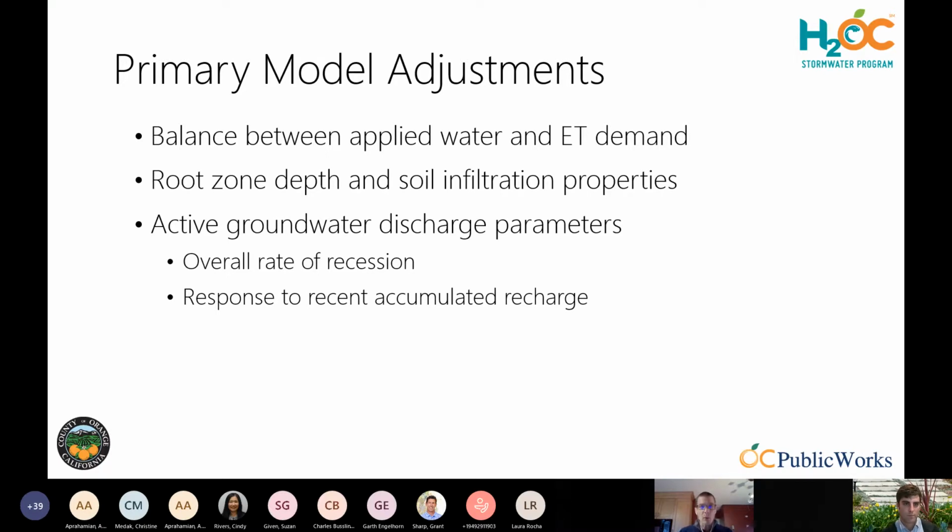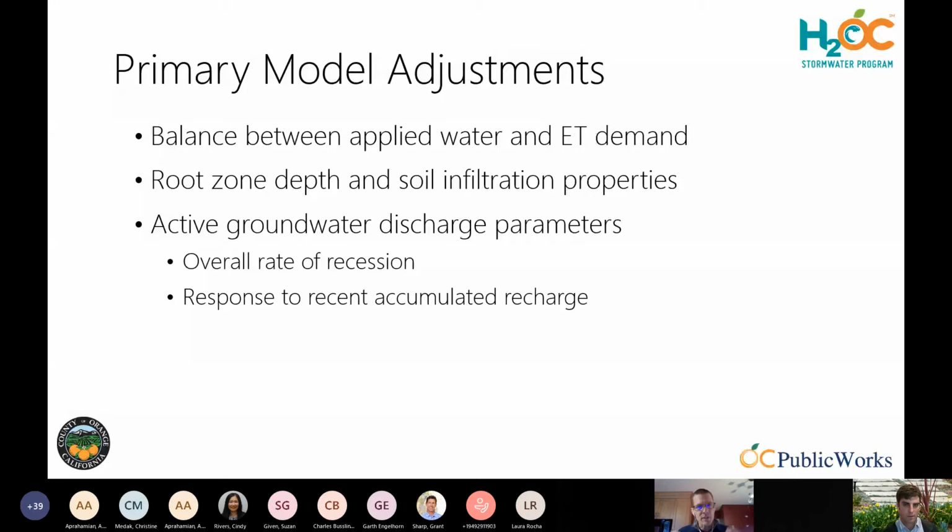We needed to reconfigure the balance between applied water and evapotranspiration demand, and that involved changing the irrigation volume just a little bit, well, certainly within range of the possible volumes that are indicated by the data we received from the Moulton Niguel Water District.